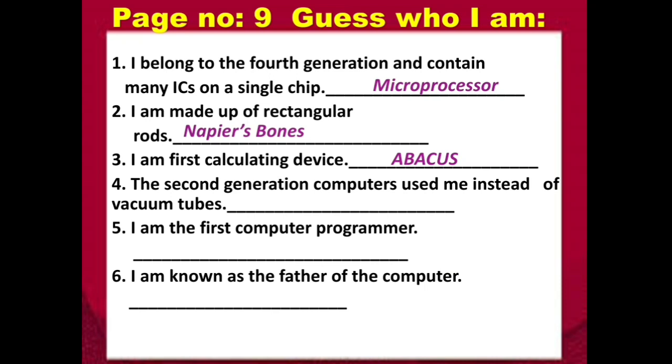Vacuum tubes are used in the first generation. So in the second generation, what technology did they use? Transistor.